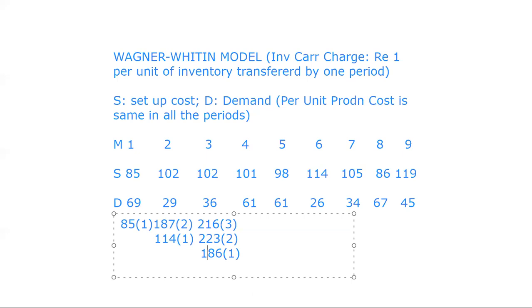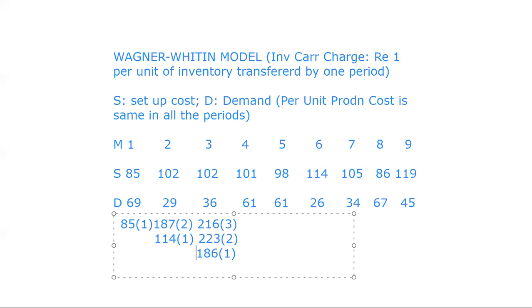Now we are here for a 3-period problem. If it were just a 3-period problem, I say that my optimal cost is 186. So are you convinced that all possible schedules have been considered before arriving at this optimal solution? Yes, because nowhere have we considered the case where production is also there and inventory is also transferred.